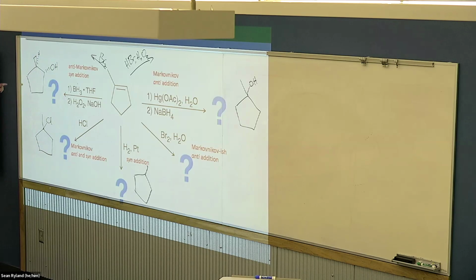So we'll get the trans product where the methyl and the OH are trans relative to each other, plus an enantiomer. So this one, we did make 2 stereo centers because it was anti-Markovnikov.